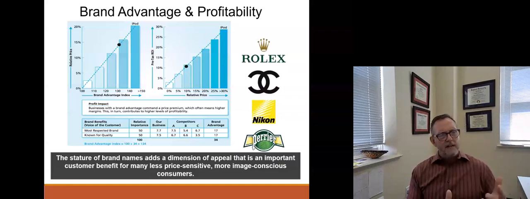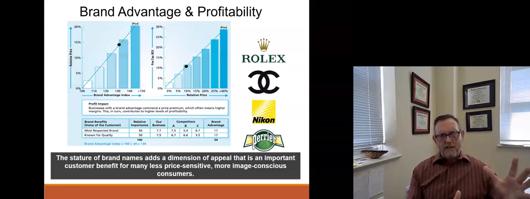This example, like the other ones we had, has the score or perception of our brand versus other brands we compete against. And in this case, our brand is highly respected, a 34, so a 134 would be the index. And again, that's significantly higher than the average.